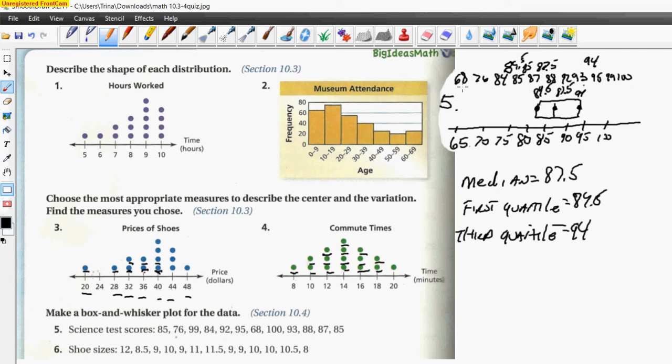It's right here. That's 94. And then we'll just basically move this out to the last or the furthest number out. The furthest highest number is on the right side, and the furthest lowest number is on the left side. Excellent job. Excellent job. Way to go.